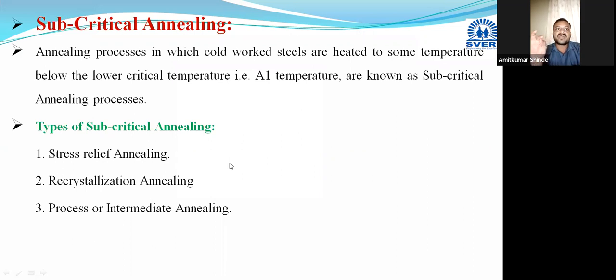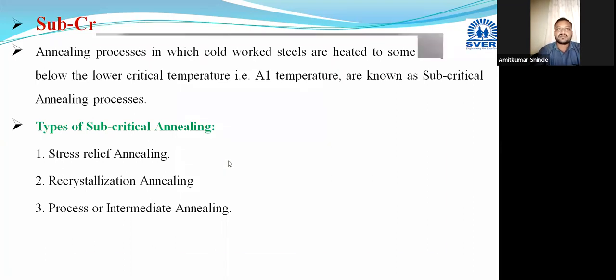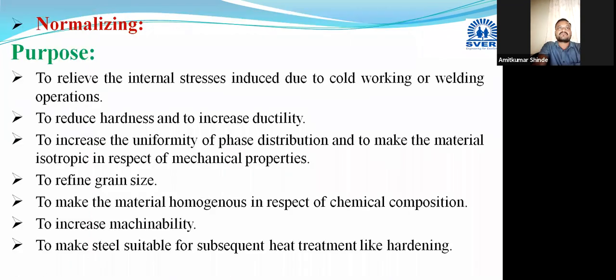That's why it is termed as intermediate annealing. So these are the three subcritical annealing processes. In this way, I think I have covered this point.